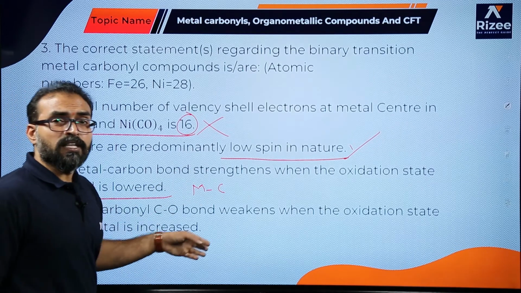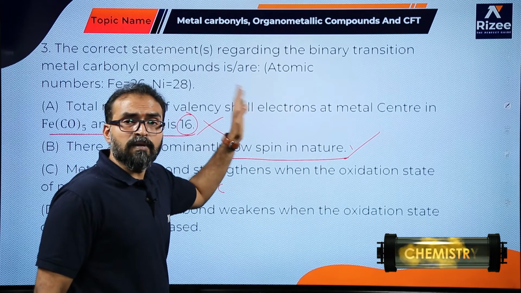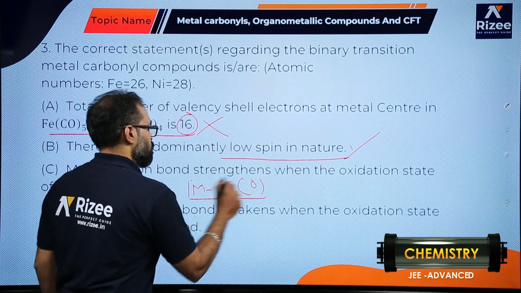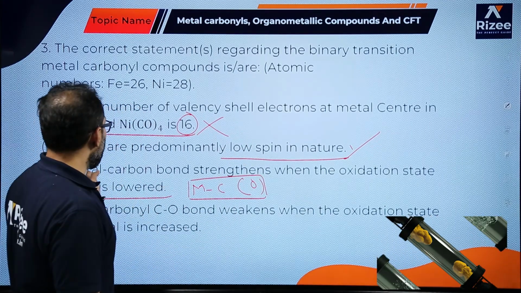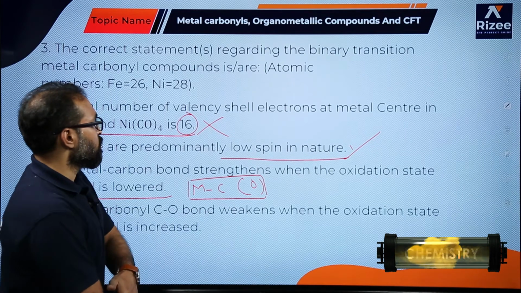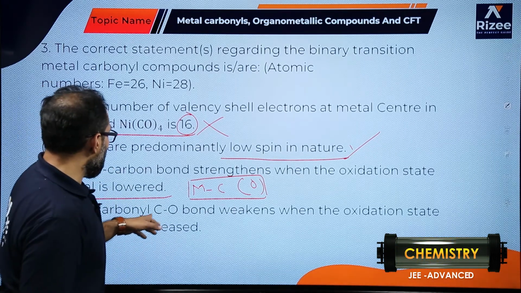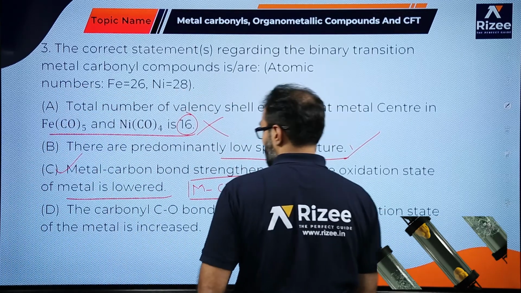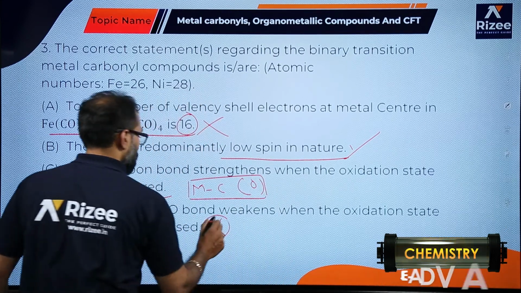What is the oxidation state in metal carbonyl compounds? Generally it is 0, and these are very strong complexes. So the metal carbon bond strengthens when the oxidation state of the metal is lowered. It is a correct statement. The carbonyl CO bond weakens when the oxidation state of the metal is increased. No, it is not the correct statement.